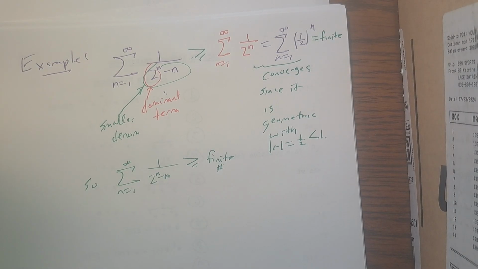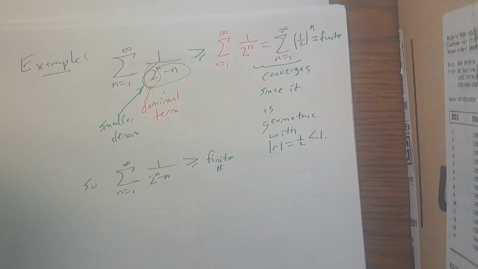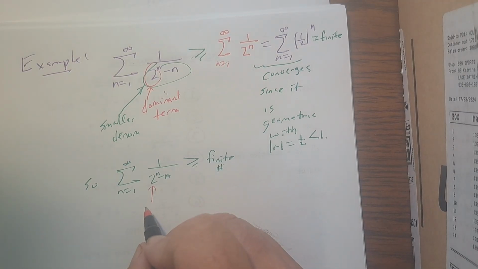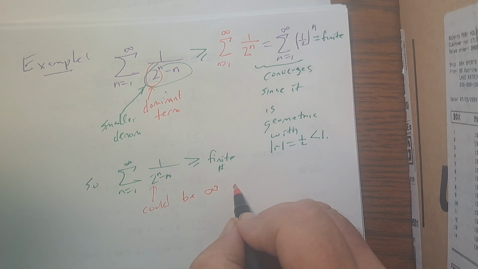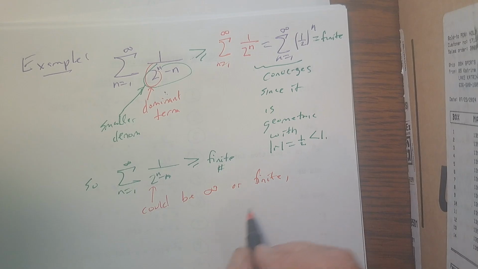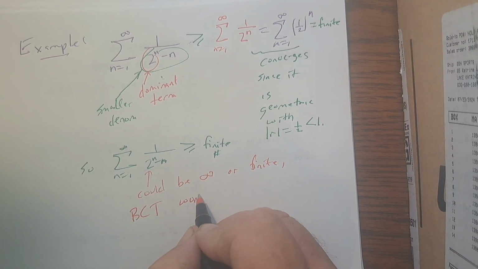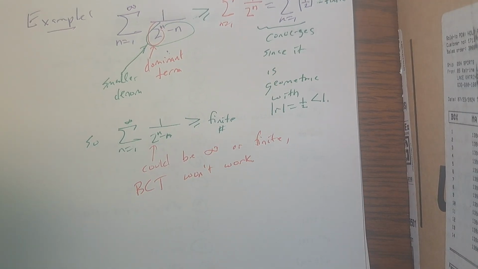But another thing that's bigger than a finite number is infinity. So this, just based on this, could be infinity or finite. What that means is the basic comparison test won't work, even though I think I have a good comparison.